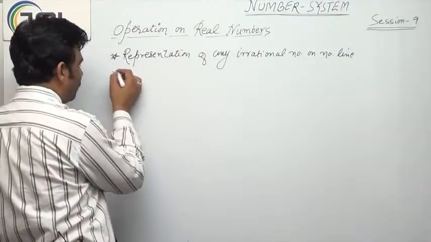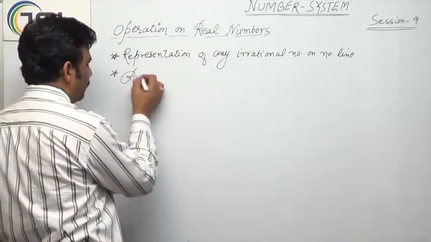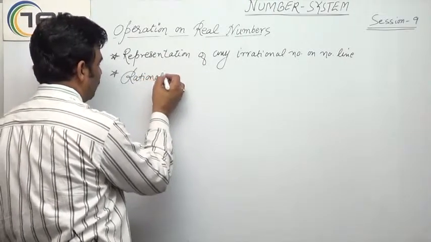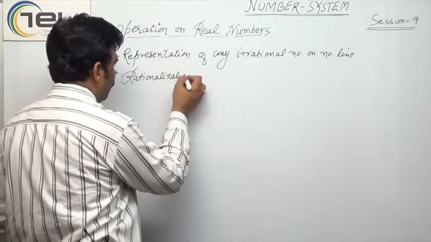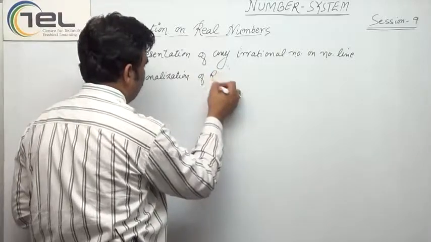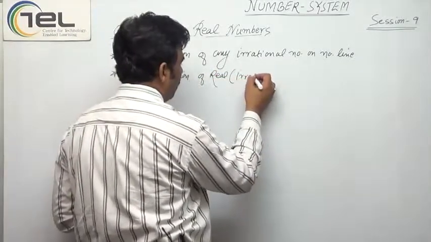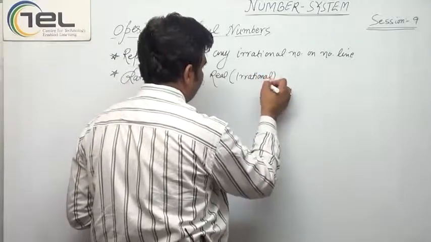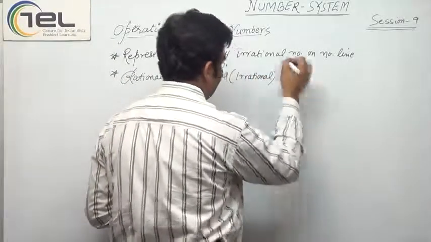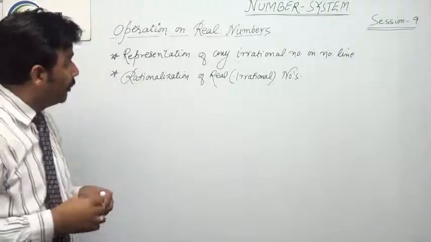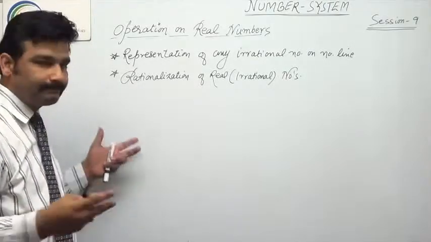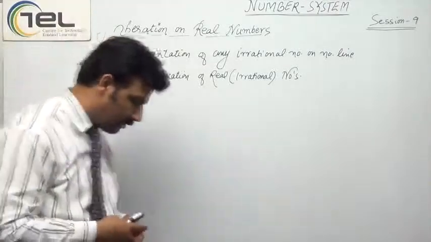And the other one is rationalization of real numbers, normally for irrational numbers. So, how to deal with them?